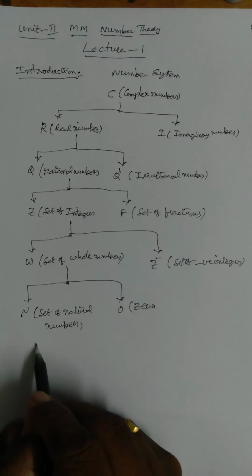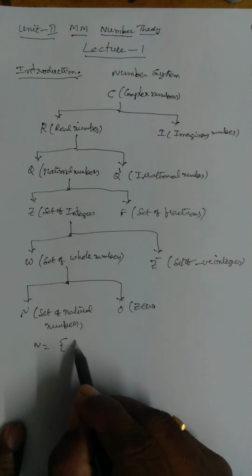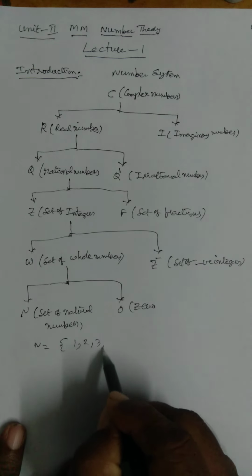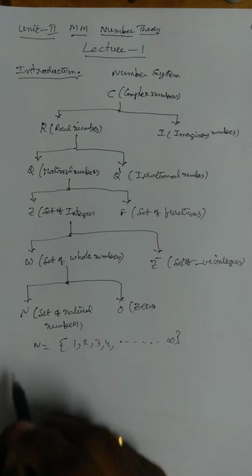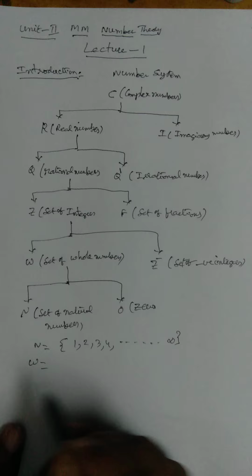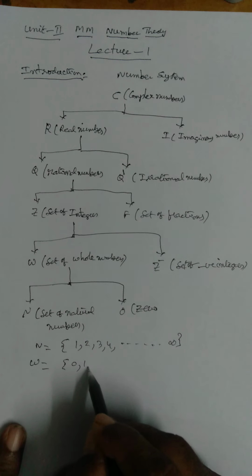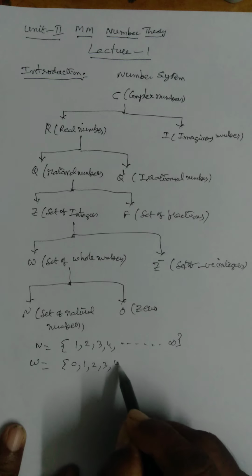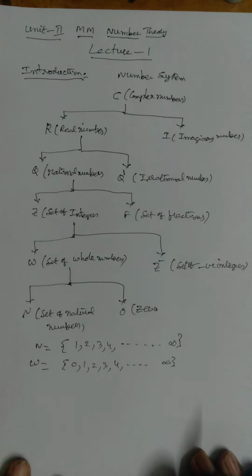So clearly, what is our capital N? Set of natural numbers means 1, 2, 3, 4, so on, infinity. What is your W? Including 0. 0, 1, 2, 3, 4, so on, infinity.